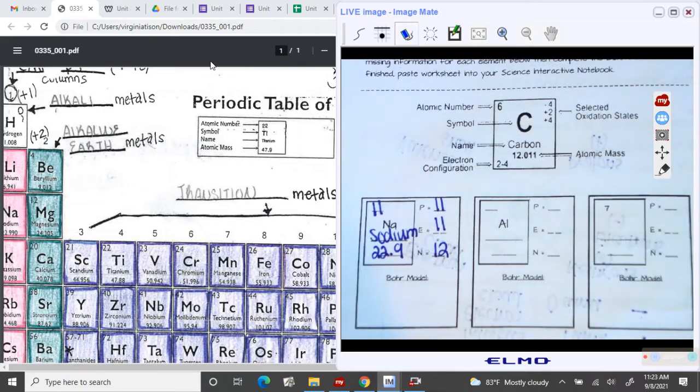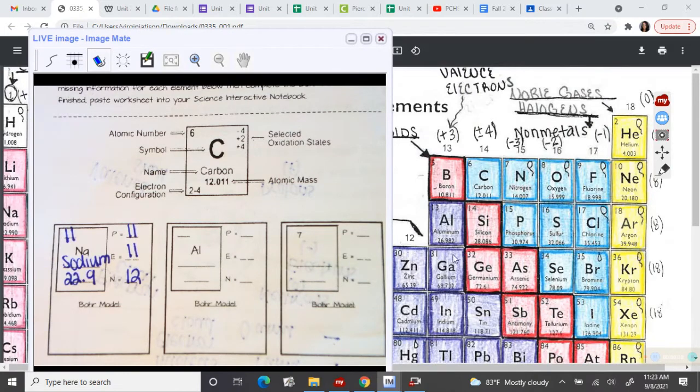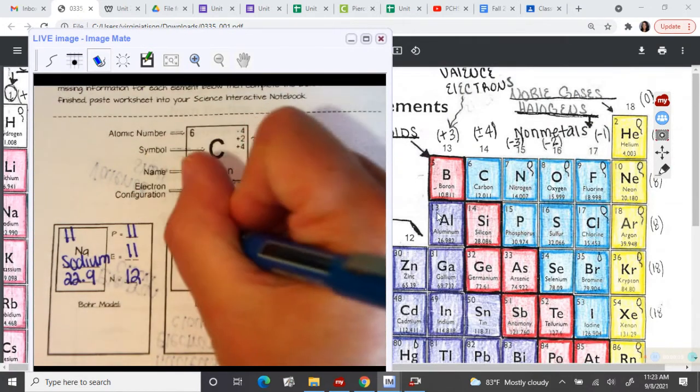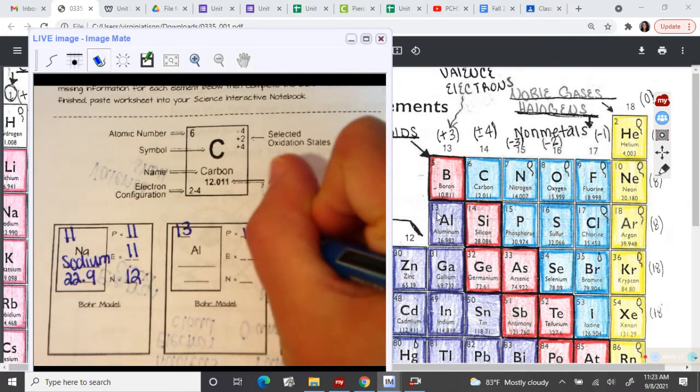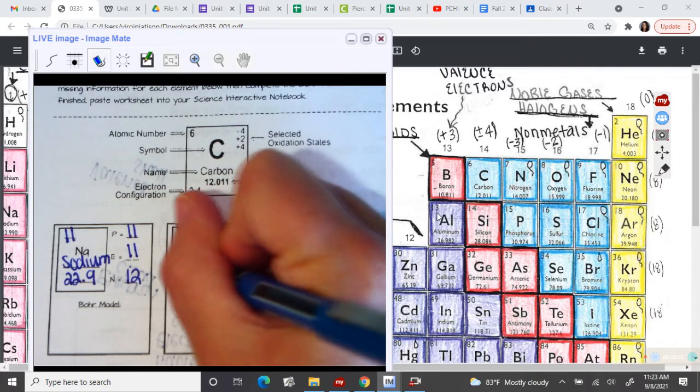Okay, now for aluminum, if I want to find aluminum, Al, I'll notice that it's right here. Aluminum has an atomic number of 13. That means I have 13 protons and 13 electrons. The name is aluminum.